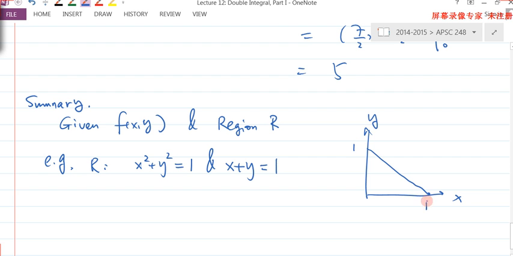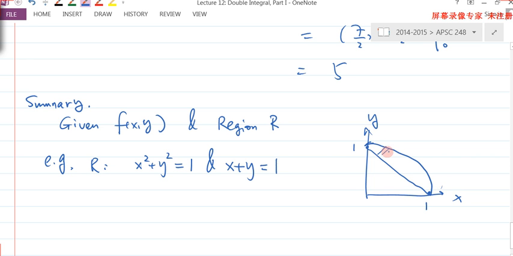So this is 1, this is 1. x squared plus y squared equal to 1 passes through this point and this point, and has a part of the circular curve on this side here. The drawing is not very good, but that's the region.